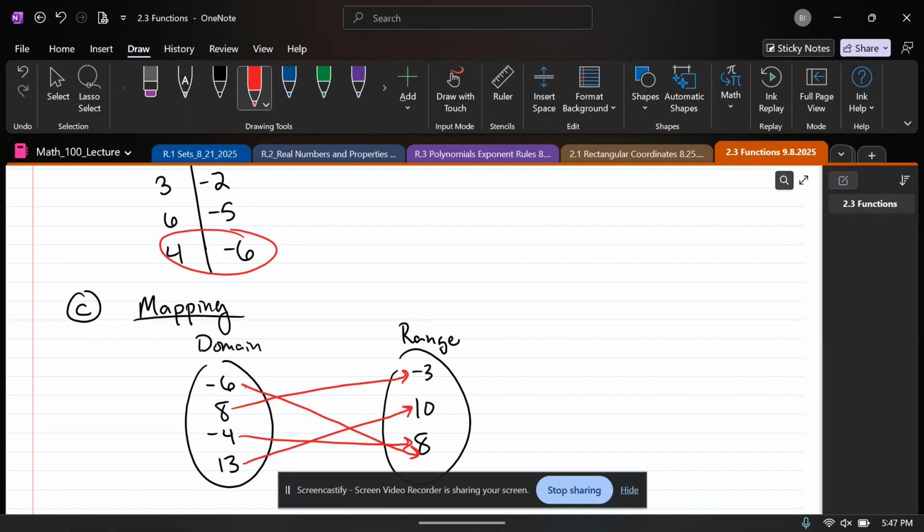So if there's two ranges pointing to one domain and it's not a function? Yes, that's the right idea. So here we have every x value or domain value pointing to one single y value. It's okay, remember, to repeat the y values. It's not okay to repeat the x values. So in this case, it would be a function.